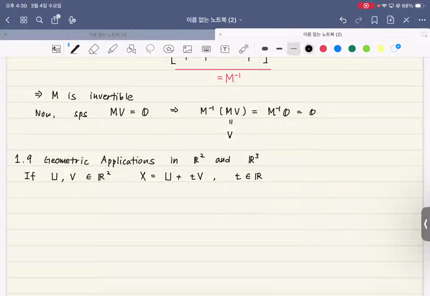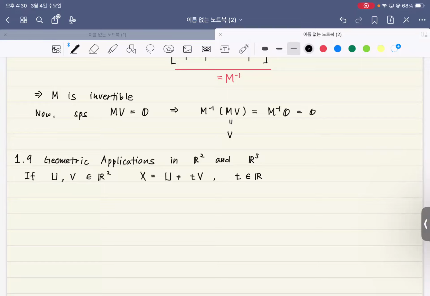What line? Suppose that I do not have U, I mean, suppose that U equals the 0 vector. Then X equals just T times the vector V. And what is this? It is actually the span of the vector, a one-dimensional subspace spanned by the vector V, right?